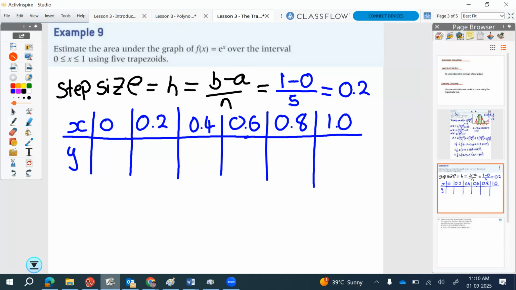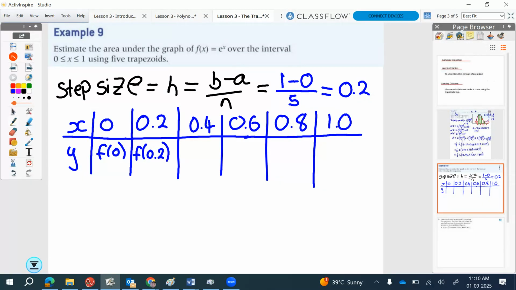What are our y values? The first number would be f of 0. What would the second number be? f of 0.2.